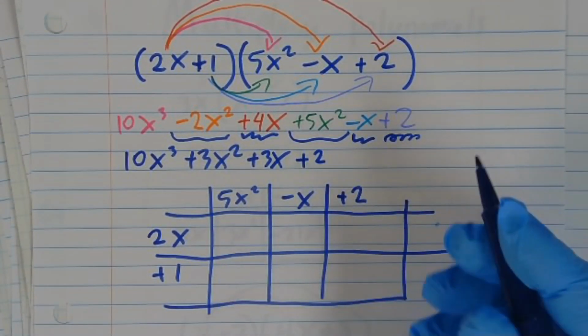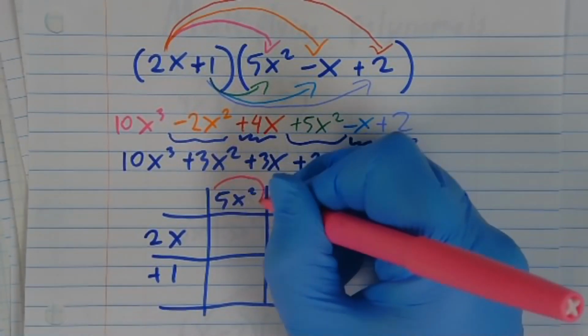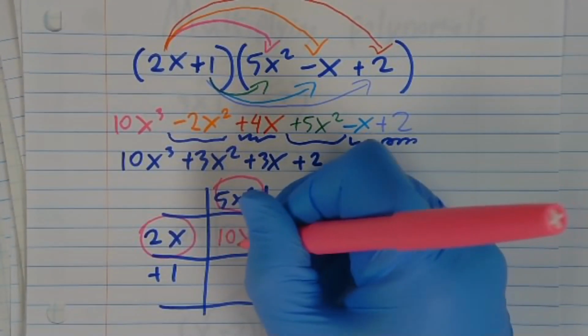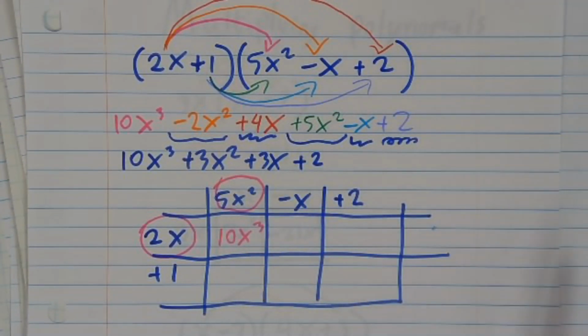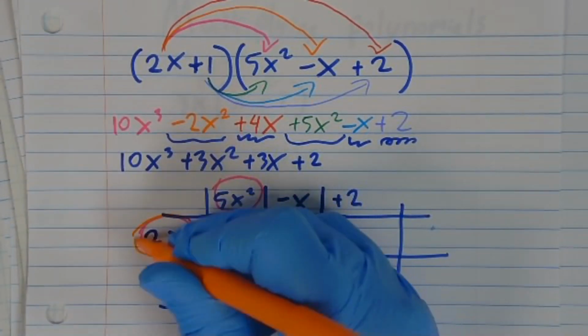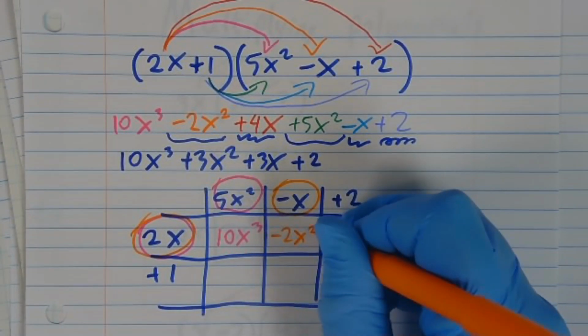And there's my generic rectangle, or my chart if you prefer to think of it as a chart. And I can once again take each of these and multiply it by the other. So I would have 5x squared times 2x in this spot, and that would be 10x cubed. And I would have 2x times negative x for negative 2x squared here.